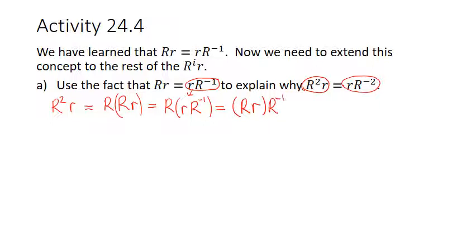I'm just using the associative property of multiplication, or rather of function composition. And now I'm going to apply this again right here. So this is going to be little r, big R inverse, big R inverse. And now I can drop the parentheses and combine these two big R to the negative 1's. Remember, if you have the same base or the same element, you can combine their powers. Okay, so we did it.